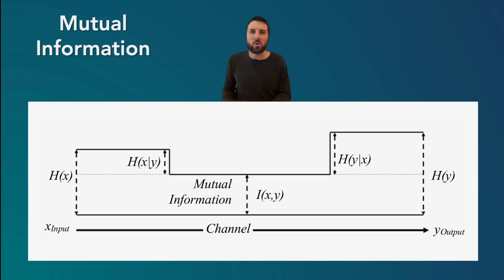Now, one of the key quantities contained in this theory is mutual information. That's essentially how much information is shared from the source to the destination. The source here is written as X, so there's the entropy of X and then the entropy of Y, how much is received. The mutual information is how much is shared. If the mutual information was 100%, basically 100% of that message from the source went to the destination.